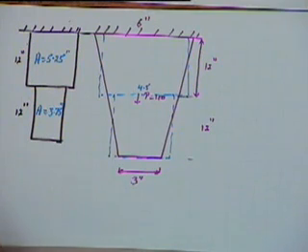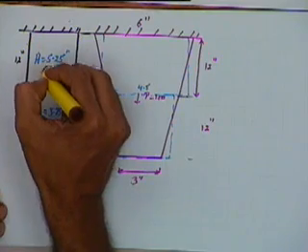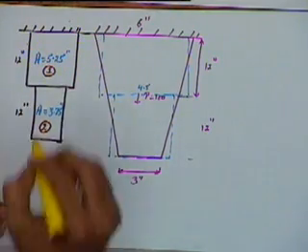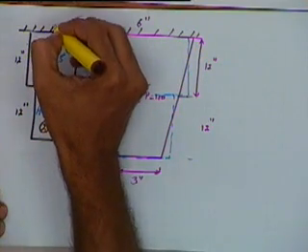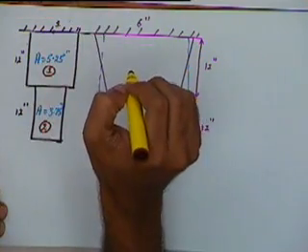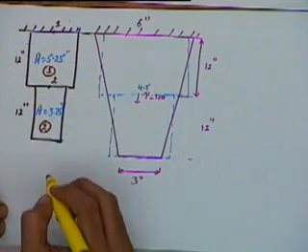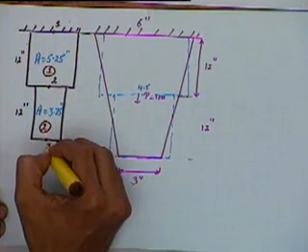Now, let's say this is my element number 1 and this is my element number 2. Let's say I call this my node number 1, this my node number 2, and this my node number 3.